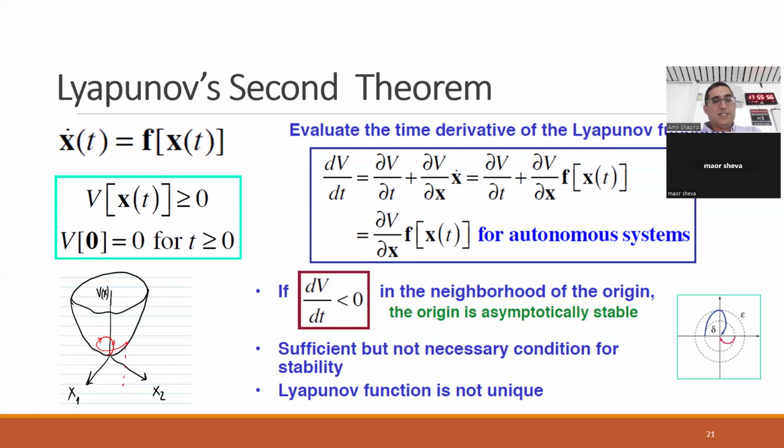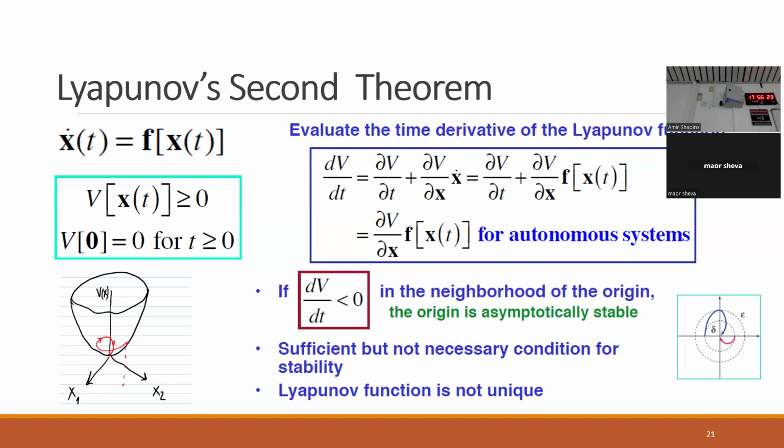So if this dV/dt, dV/dx times f of x, is smaller than 0, then the value of V is reduced over time and it decays towards the equilibrium V of 0.